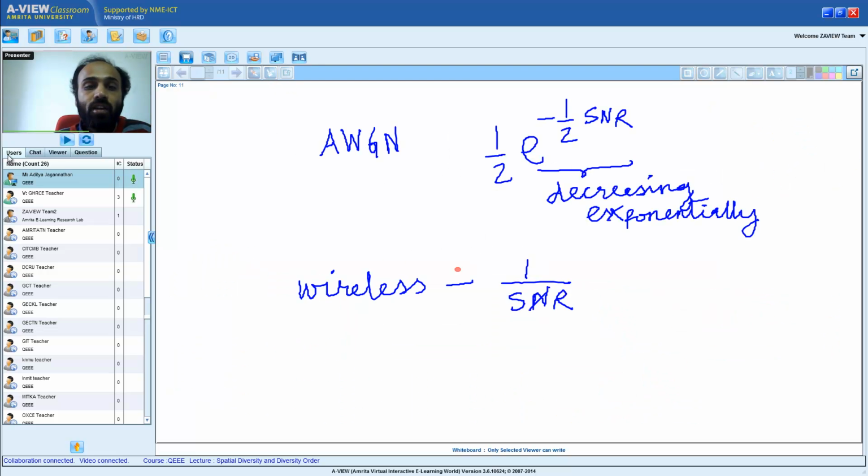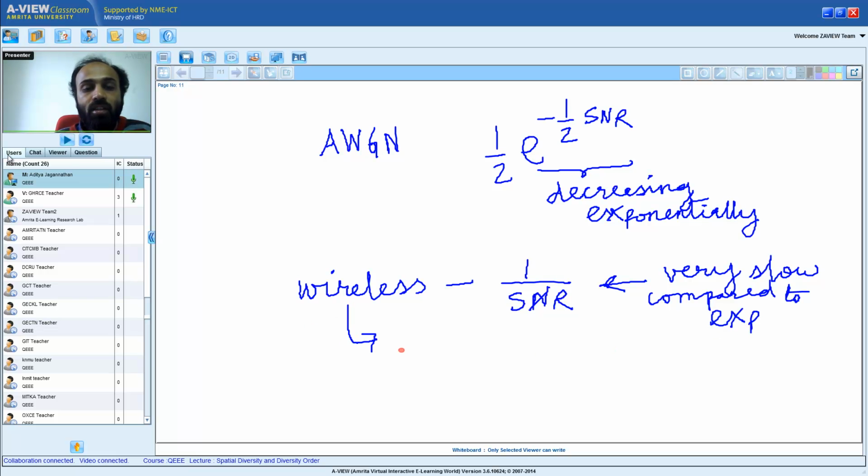This is a very slow decrease compared to exponential, which means the wireless communication system has a very high bit error rate.